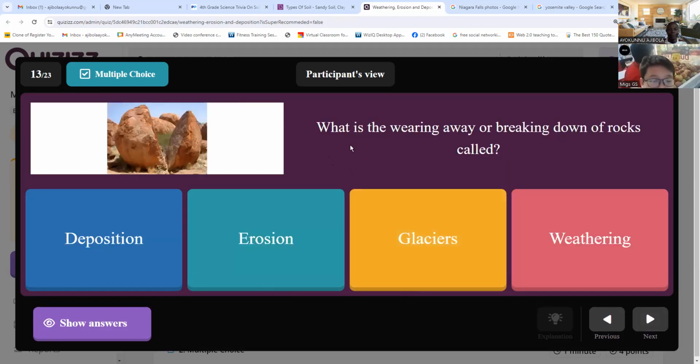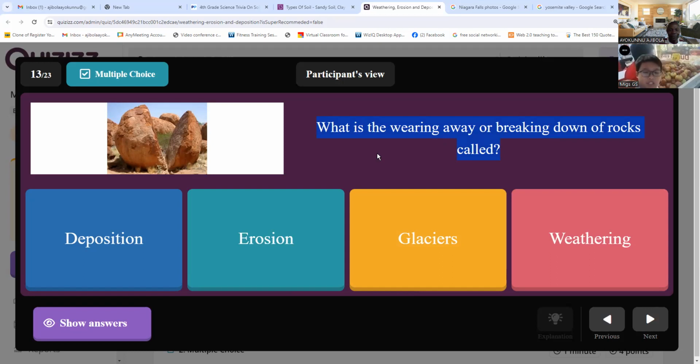Now, what is the wearing away and breaking down of rocks called? Glaciers? Oh, no, think again. Erosion? Wait a minute. We have been talking about these all along. Something is the breaking down of rocks.